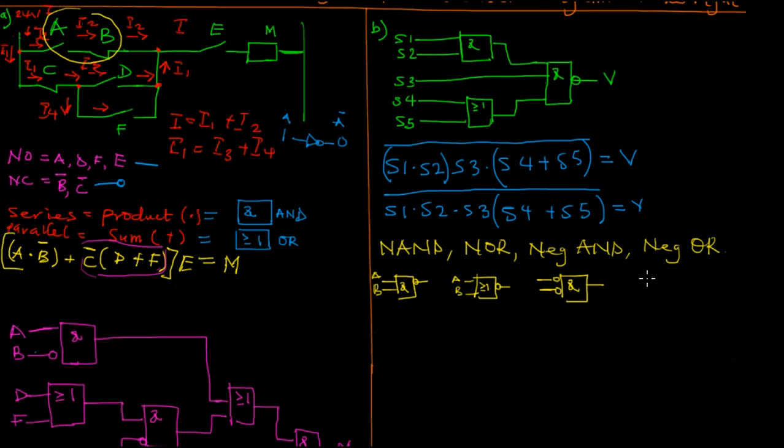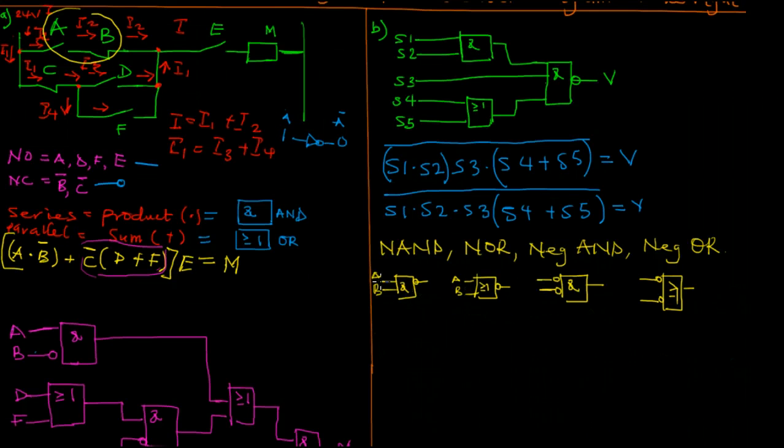Whereas a negative OR would look like this, with an OR sign inside of it and then an output. So these are ways we represent this in function block diagram, and they also have their representation in Boolean expression.